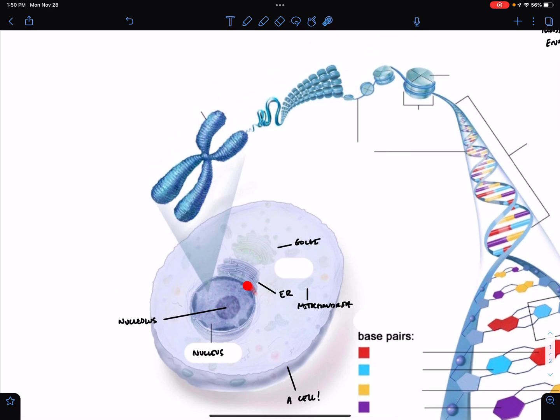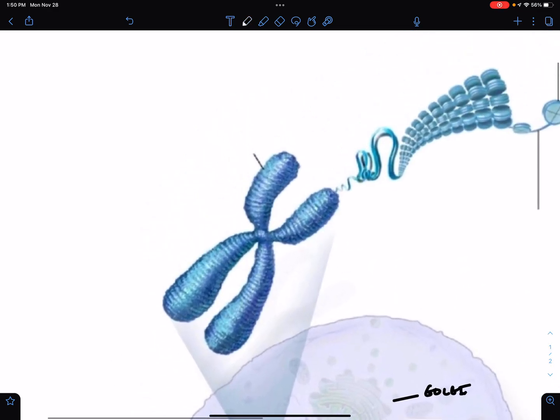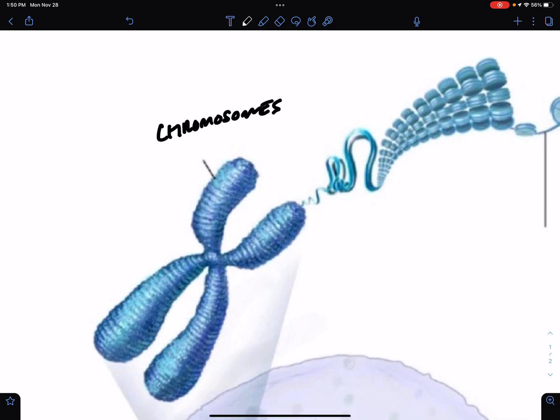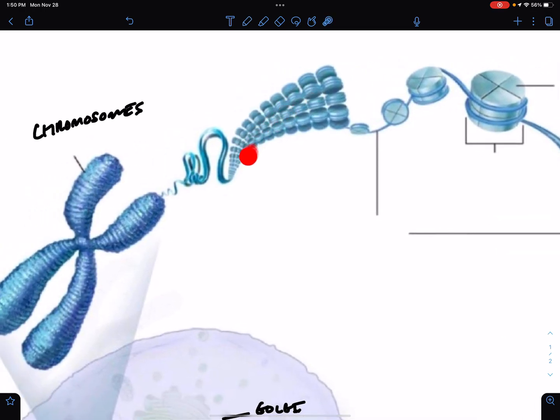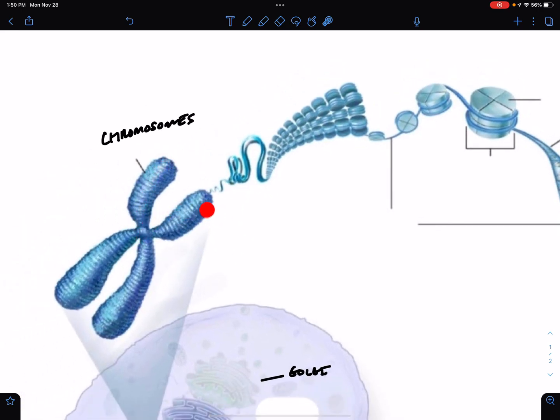Okay, so within the nucleus are coils and coils of DNA. They're called chromosomes. So chromosomes are DNA coiled and then once again supercoiled on top of those coils into these tight structures that in different phases of the cell cycle can either be tightly wound or loose.